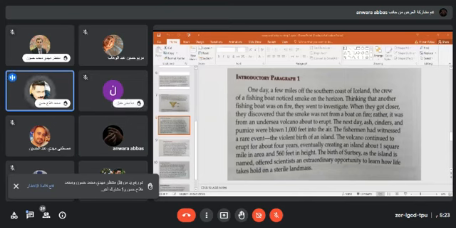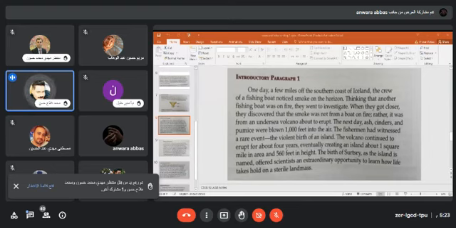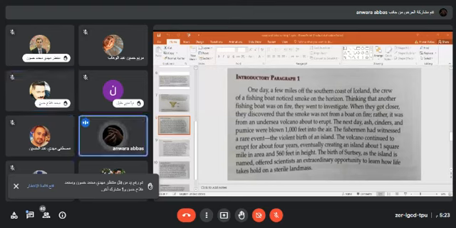Maybe in my opinion, it is in the last line, how scientists have the opportunity to learn about Iceland. But I agree with Ahmed that all these lines in the beginning are to get the attention of the reader. Okay, good. Thank you so much, Muhammad.